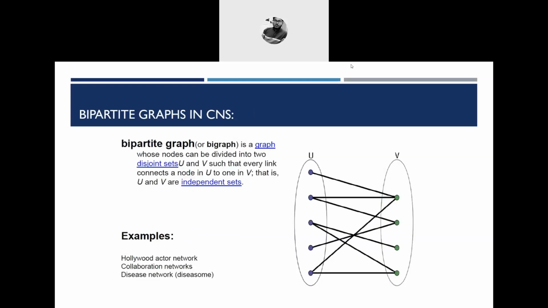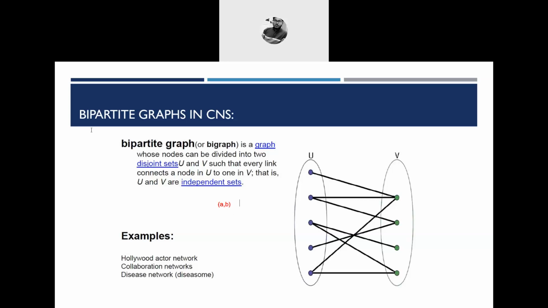You can write it as an ordered pair: this is one entity, this is another entity. These two are connected as an ordered pair, and that relation between them is a bipartite relation.